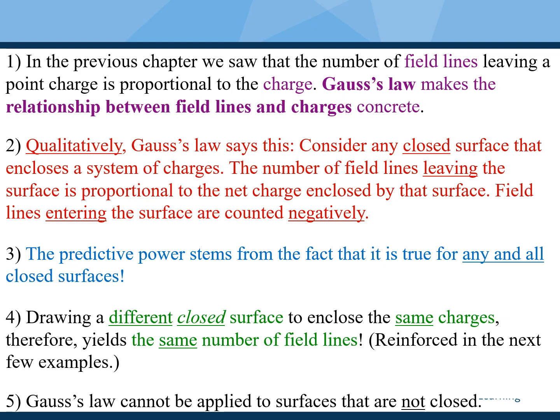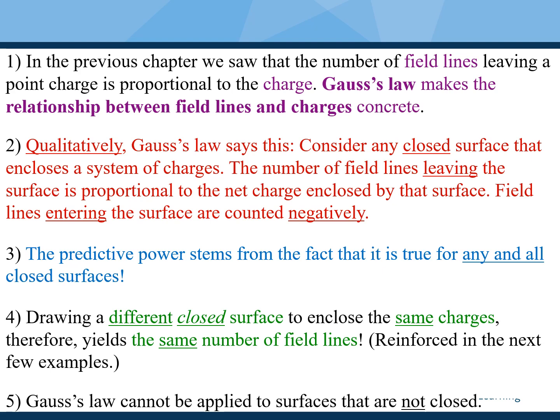The number of field lines leaving that surface is proportional to the amount of charge enclosed in that surface. In other words, if you have a net positive charge inside that surface, then there'll be a net positive number of field lines leaving that surface. If you have a net negative charge inside a closed surface, then you will have a net number of field lines entering that closed surface rather than leaving it.